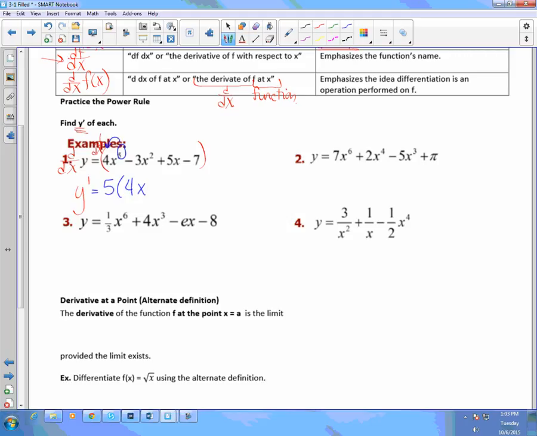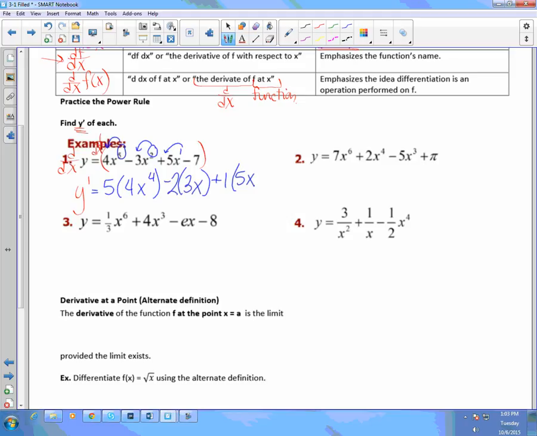And then what happens to the exponent? Decreases by 1, so it becomes a 4. Minus, a 2 multiplies in front. Minus 2 times 3 to the x, what power? 1, we took the derivative, the power decreases. Plus 5x, what's the power on that x? 1.